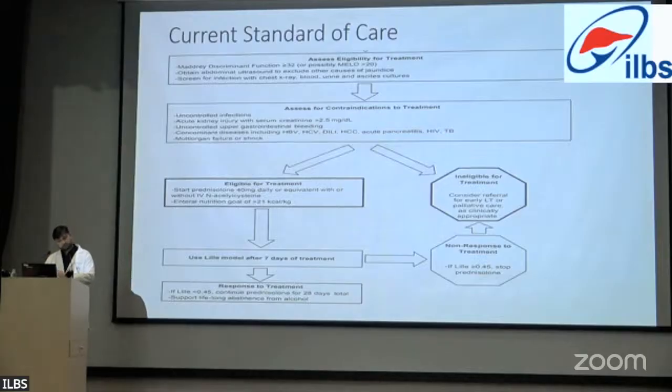And further, after ruling out sepsis and other contraindications of steroid, we prescribe around 40 to 60 mg of steroid to patients of alcoholic hepatitis, and we see the response at day 4 or day 7 with Lille score. If it is less than 0.45, we continue it for 28 days and see the response of alcoholic hepatitis.